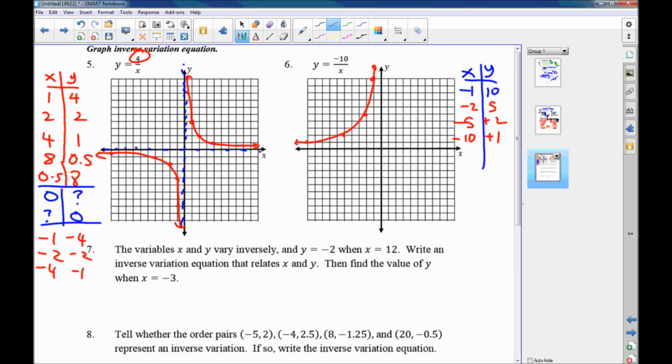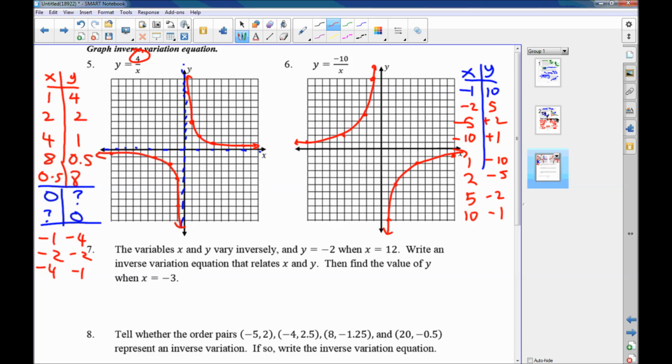The reverse would have been 1 with -10, 2 with -5, 5 with -2, and 10 with -1. So that's going to be over here, 10, -1, 5, -2, 2, -5, and 1, -10. So here's our other branch.